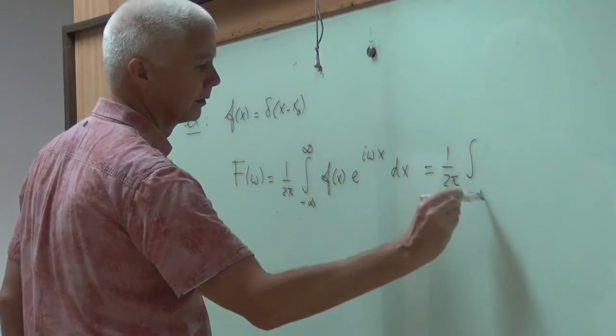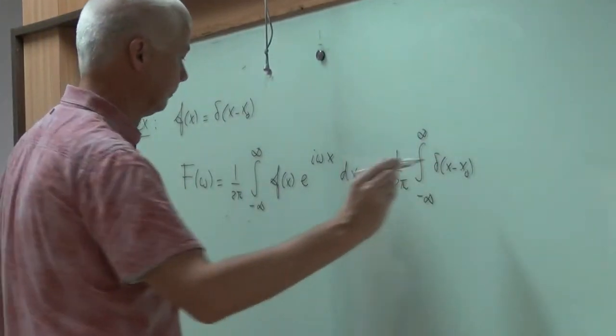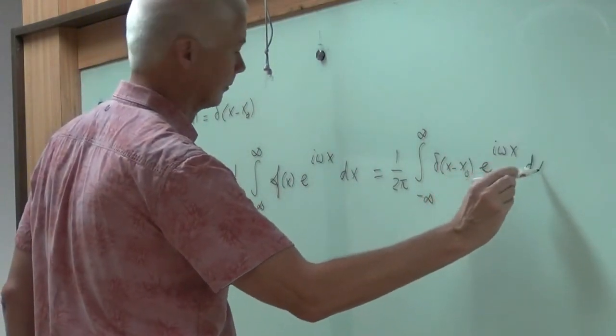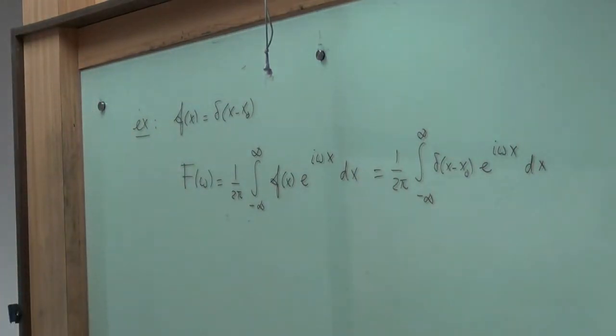And in this case, I just have to substitute the delta function. So what's the outcome of this integral?